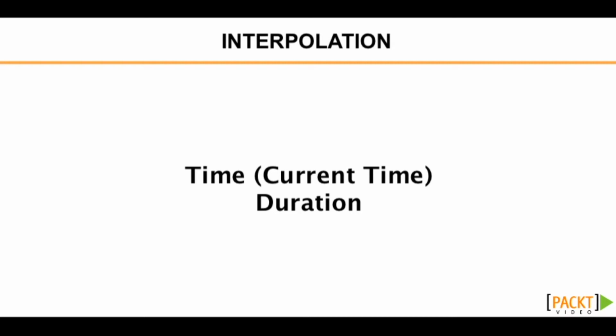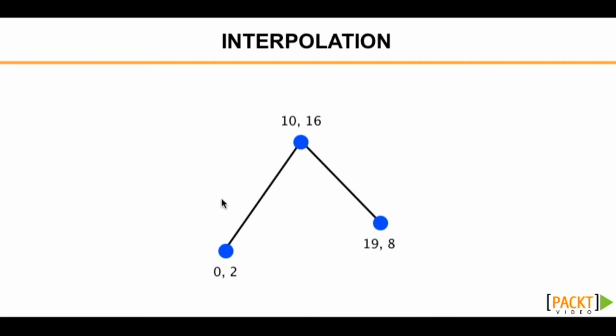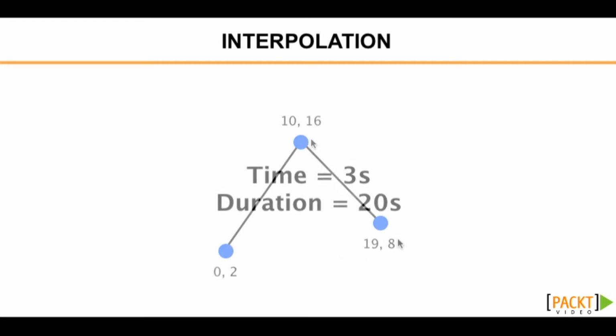But what this is asking for is a value of the current time between 0 and 1. And the reason why is because it tells us when we need to place the object here or here and such. So knowing this, let's say that, for example, the current time is 3 seconds and the total duration of the animation is 20 seconds.